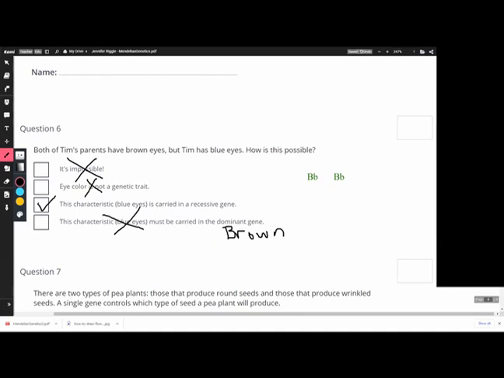And once we got to that double lowercase, which is the recessive gene, it came out to him. So eye color is genetic. It is not impossible because it happens. And the characteristic is definitely not on the dominant gene. And I just crossed a whole bunch of stuff out. Yay! All right, so thank you, Itzarel.